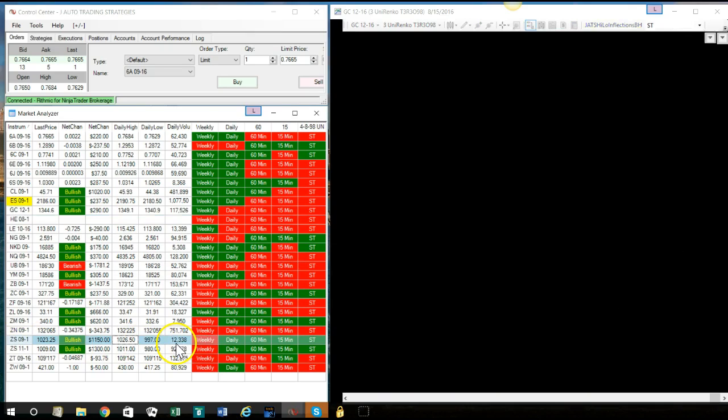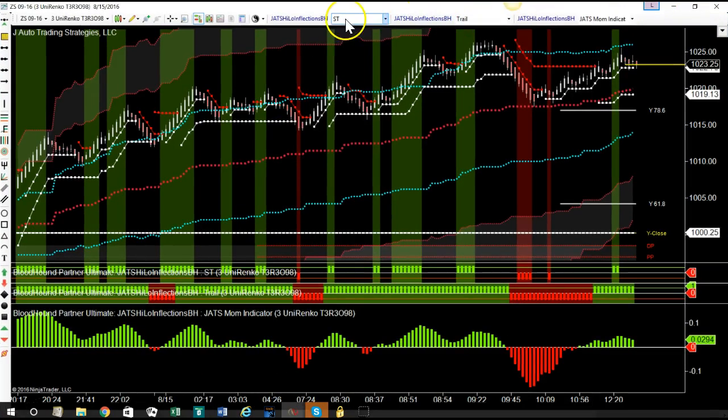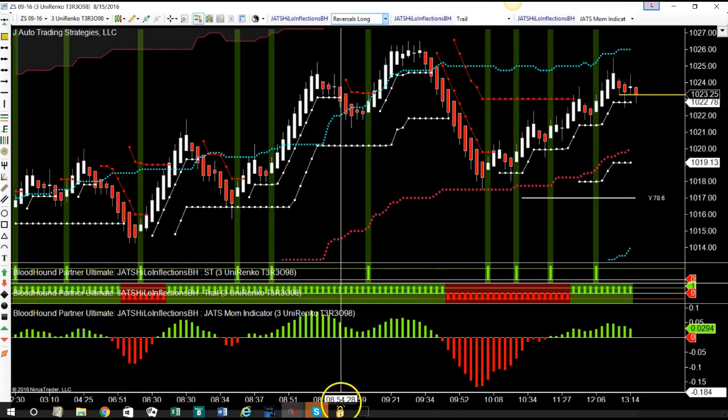So not quite ready to flip over to that second contract, but keep an eye on the beans. It's rallying up also, for some very nice trades.